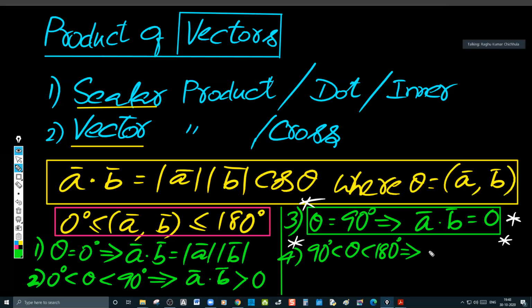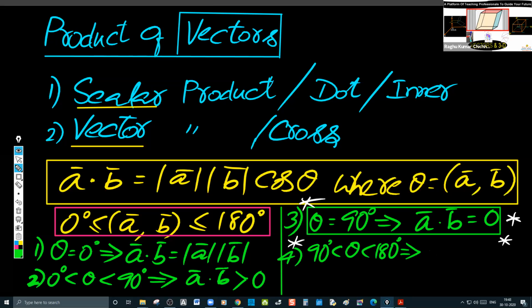If theta is lying in the second quadrant, then what should be the sign of cos theta, please? Less than 0. So if you get that the dot product is negative, then your theta becomes an obtuse angle. If the angle between the vectors is obtuse, then the dot product is less than 0.